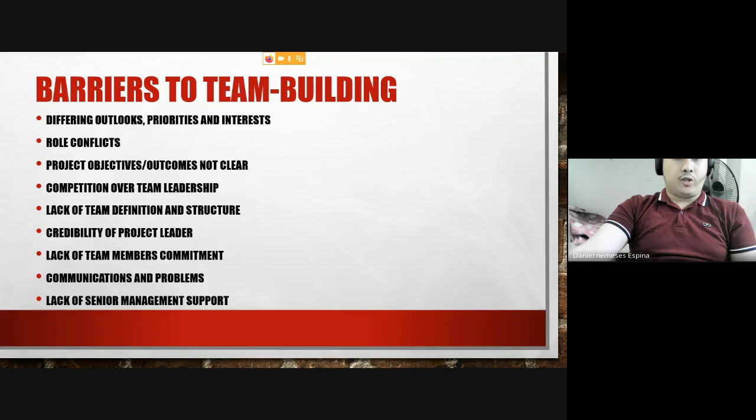Then communications and problems could arise. And pinakadako gid nga barrier ana is if there is a lack of senior management support. So isa na sa maka demotivate sa mga team members, if they can sense that the senior management does not support their team or does not support the project.